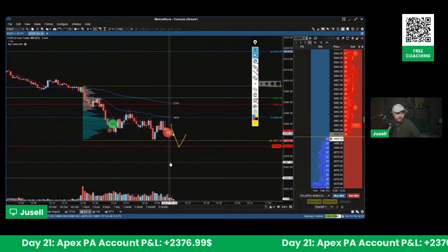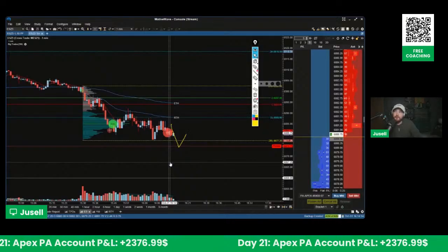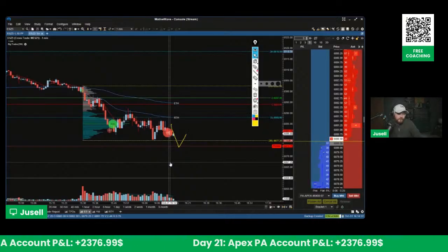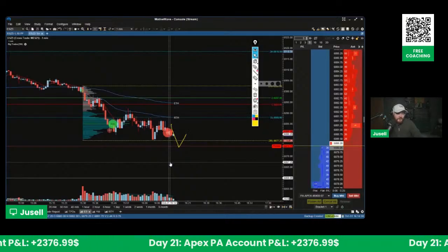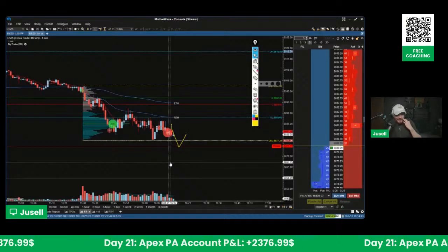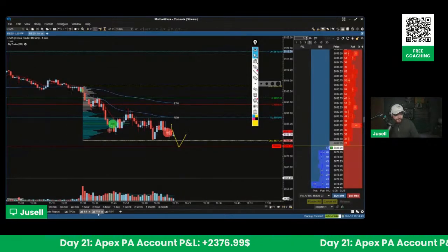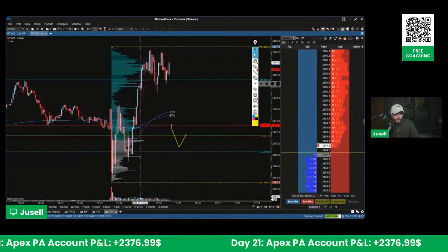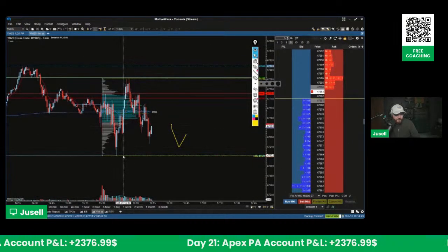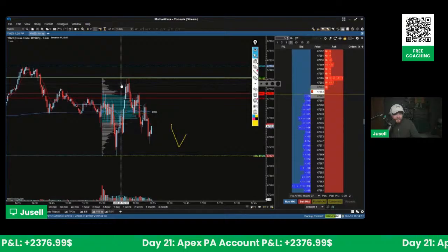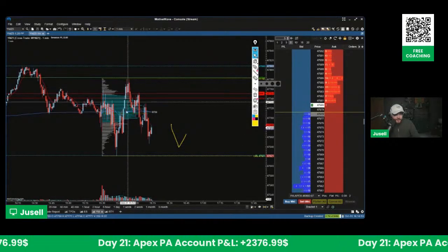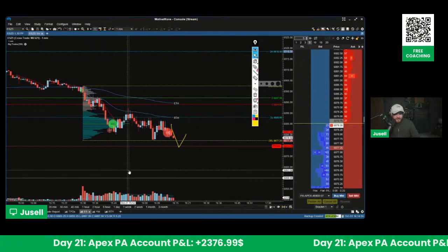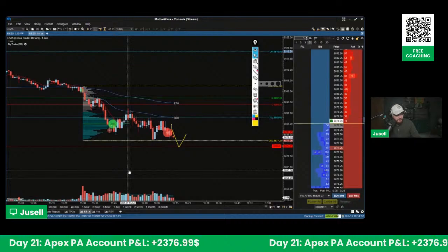All right, let's see if the pre-close gets run here. A very, very slow session on the ES for sure. YM and ES, RTY are having really great moves. I mean, YM having a classic balance day, but the rotations are good, whereas ES rotations are terrible.